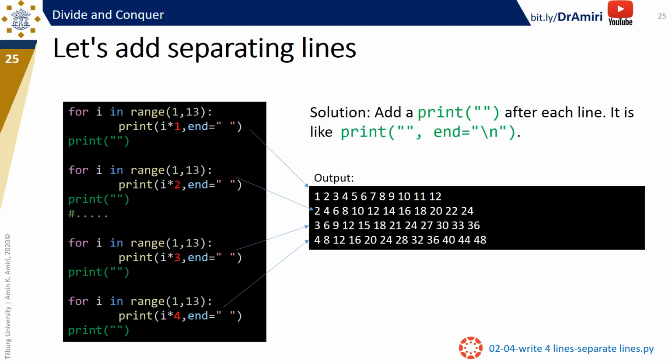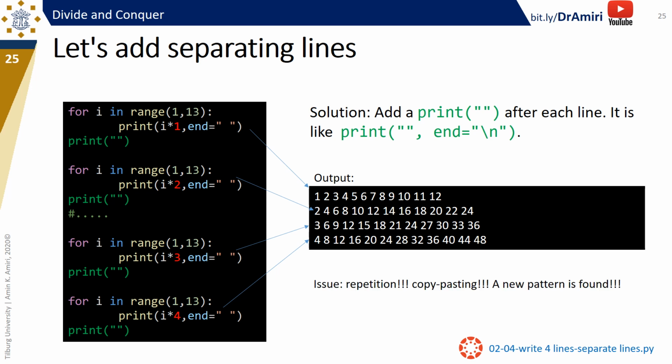Therefore we need to add a separating line, and we can do that by adding a print with the given input of an empty string right after each for loop. As a result of doing that, we see that all the numbers are printed in the correct manner.